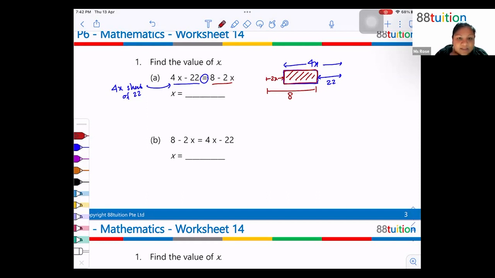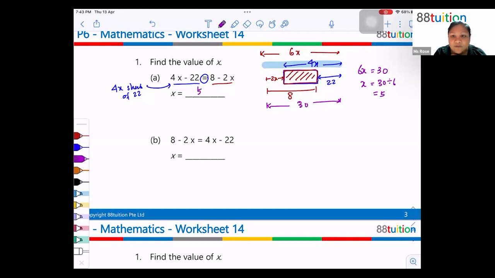So now, if I look at the model, what do you have? This is the same as 6x, right? That's the same as 6x, and this is the same as 30. So that's why I have 6x is equals to 30. So x is equals to 5. Is this easier to follow?